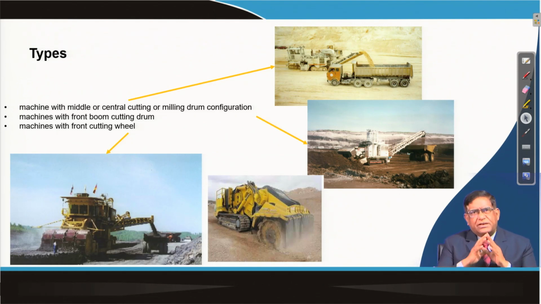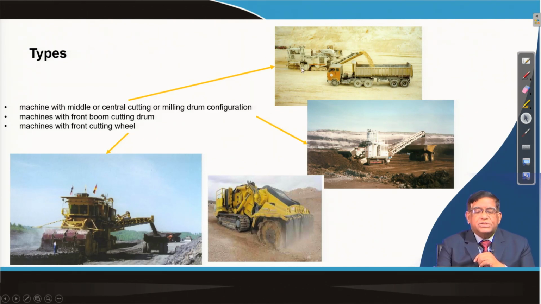Now, coming to this, different designs of these machines are available, but basically 3 types of machines are very much used in our industry. One is the centrally or middle loading machine, where the main cutting drum is located at the center of the machine.